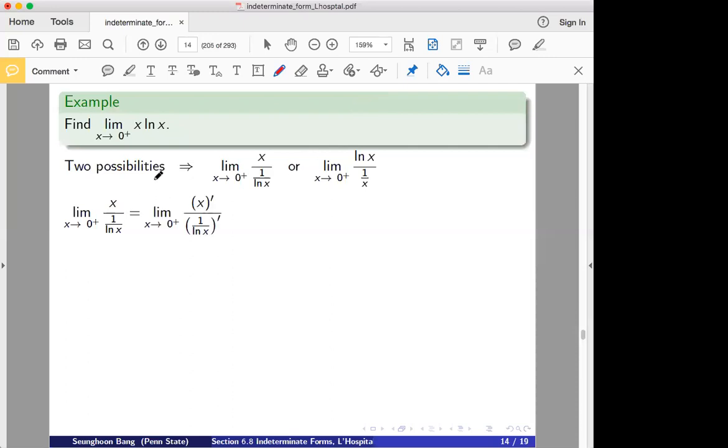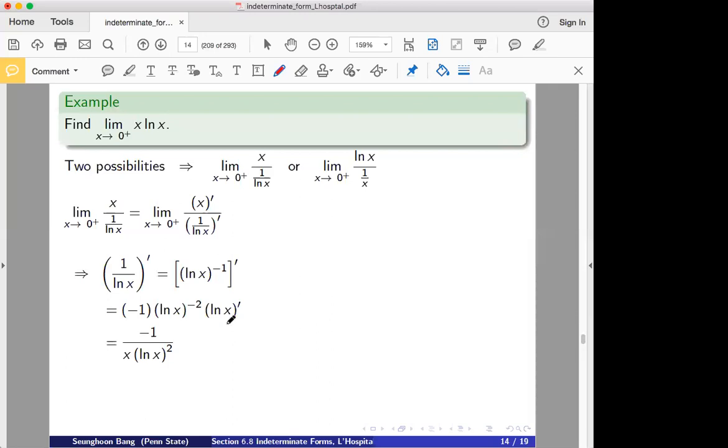This is L'Hopital rule. So you can calculate the denominator, 1 over ln of x, prime. How can you calculate? I want to change it to the power form. ln of x to the power minus 1, prime. You can use chain rule and the power rule. The minus 1 is down, ln of x to the minus 2 times the inner function, ln of x prime.